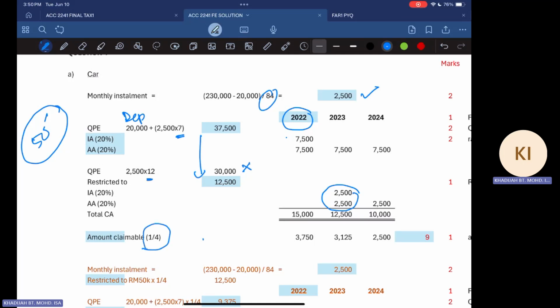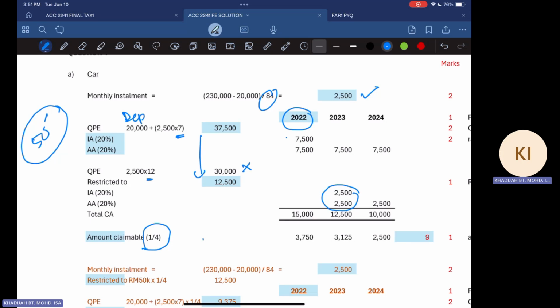So if you can only claim 1/4, if in 2022 the available amount of CA is 15,000, 1/4 is only 3,750. In 2023, if 12,500, then you can only claim 3,125. 2024, 10,000 total allowance, you can only claim 2,500. So that is the amount claimable on the passenger car.